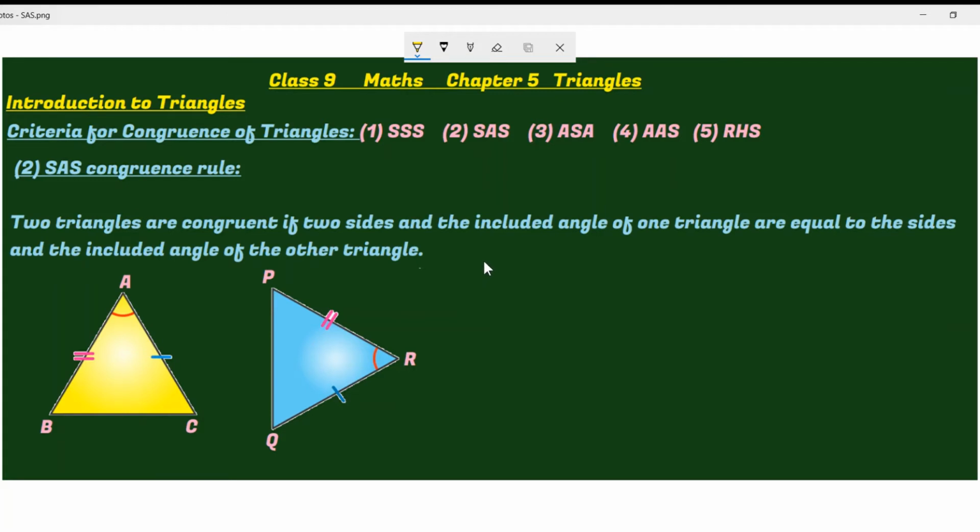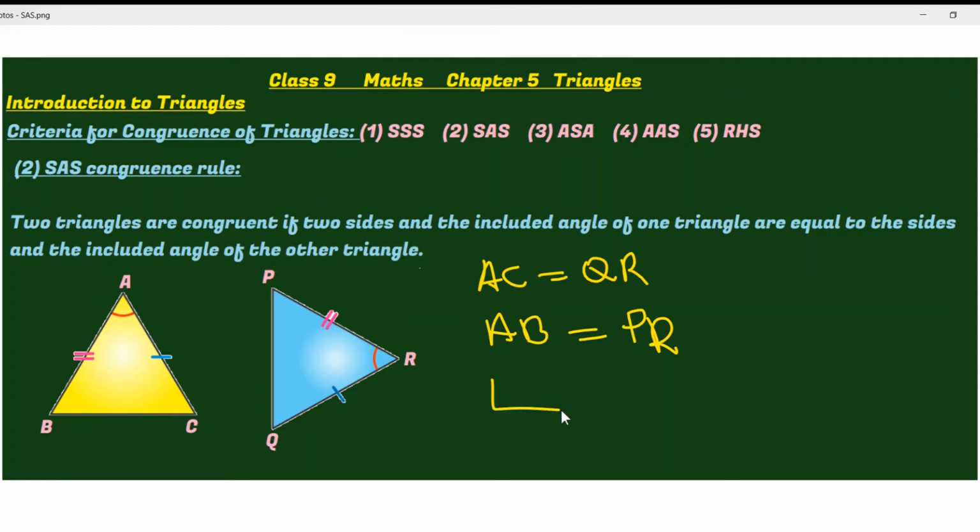In ABC, AC is equivalent to QR and AB is equivalent to PR and angle A is equivalent to angle R. You can see these are the two equal sides and the included angle should be equal. That means side angle side. Here also side angle side. So these two are equal to each other by the SAS congruence rule.